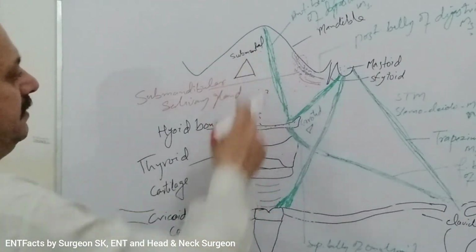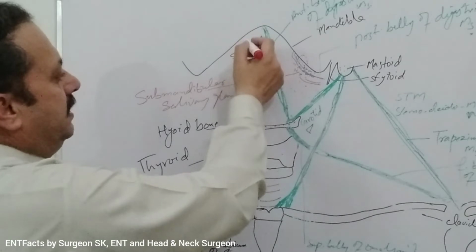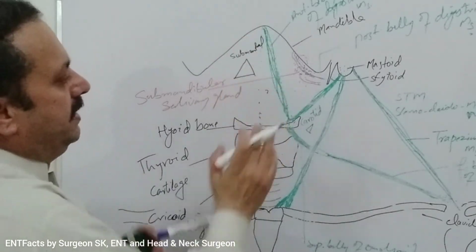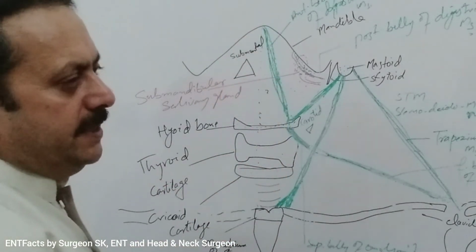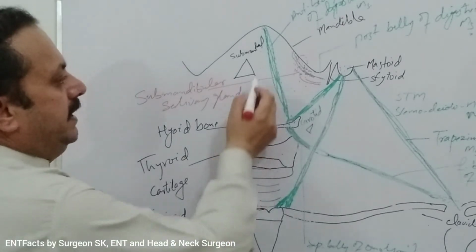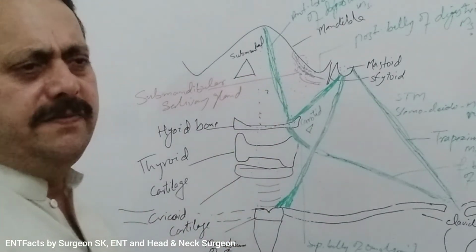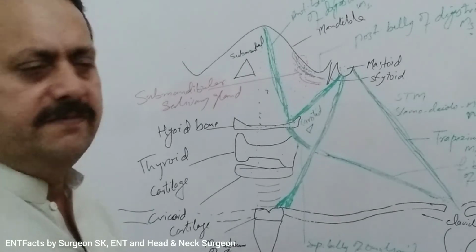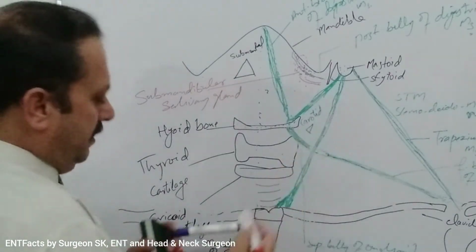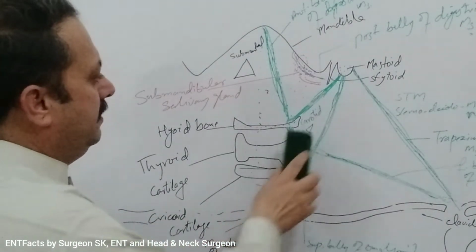Come to the submental space, it usually combines with the opposite side to make a single space or triangle that does not contain significant structures except submental lymph nodes. Here come to this third triangle, the carotid triangle.